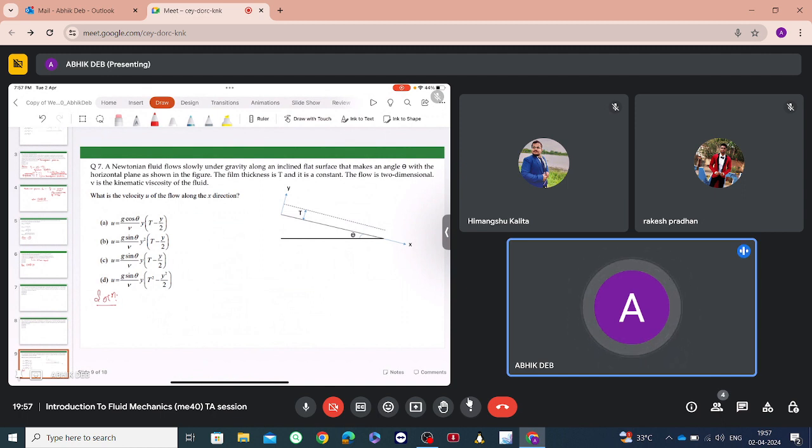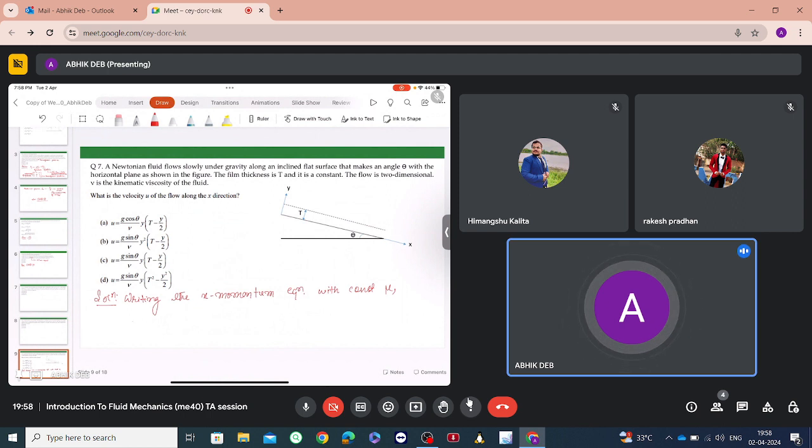So writing the x momentum equation with constant mu, we are writing the Navier-Stokes equation for a constant viscosity mu.